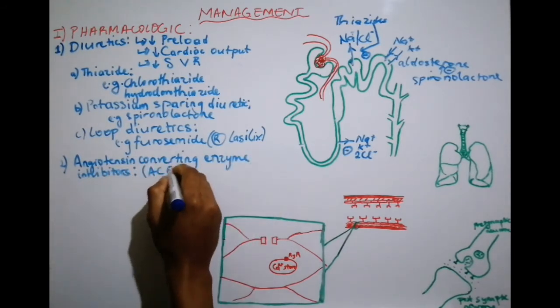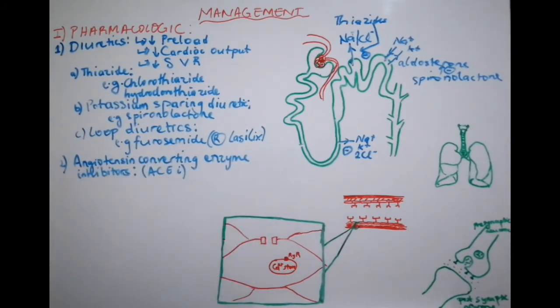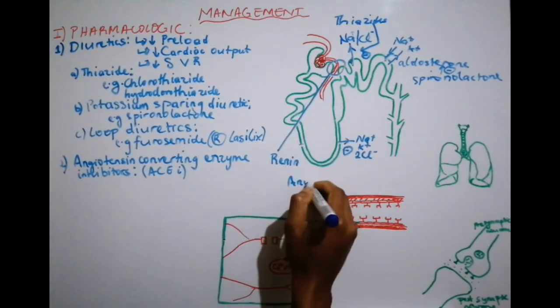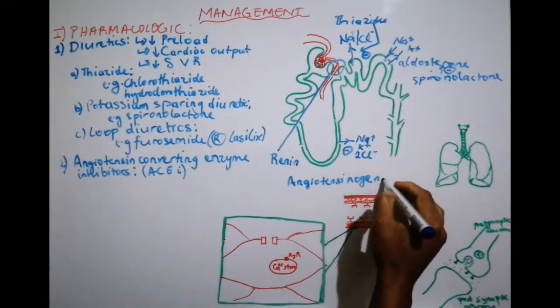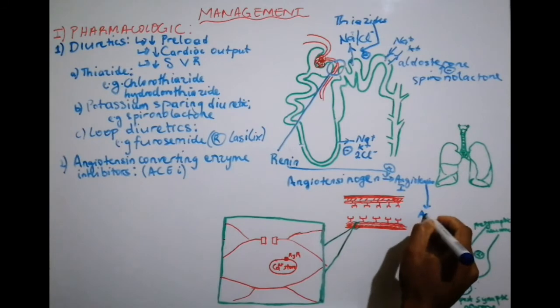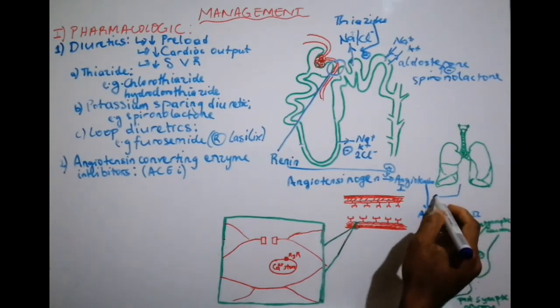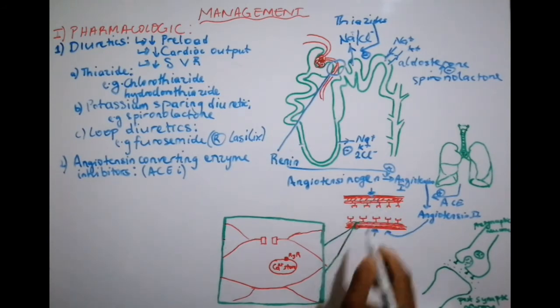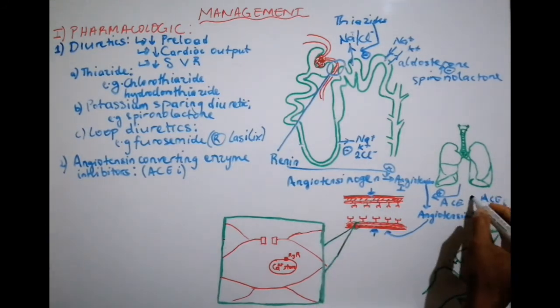Also, angiotensin converting enzyme inhibitors, also known as ACE inhibitors, block angiotensin converting enzyme, which is the enzyme that converts angiotensin 1 to angiotensin 2, stopping the RAS pathway.